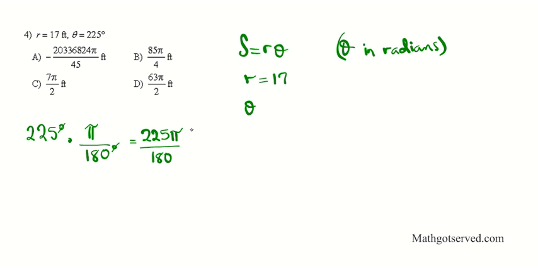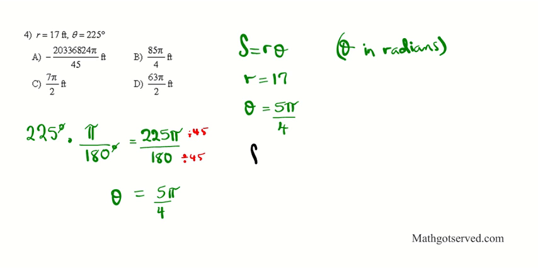So divided top by 45 and the bottom by 45. And then that's going to leave us with the angular measure, theta. Theta is going to be 5 pi over 4 in radians, okay? So theta is 5 pi over 4, so this is the exact measure we want in order for us to be able to use this formula, okay? Remember, theta has to be in radians.